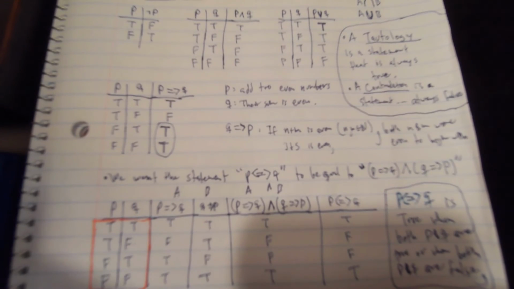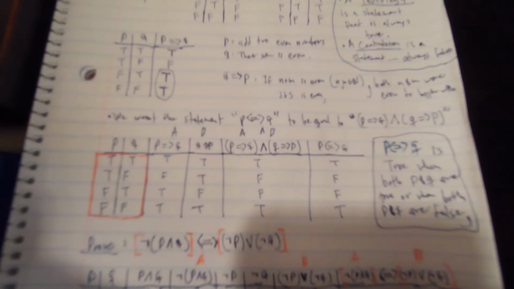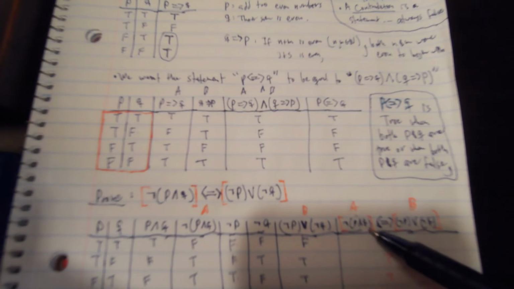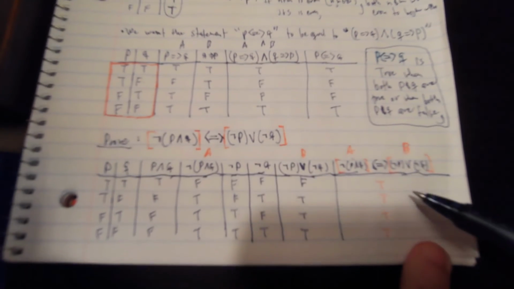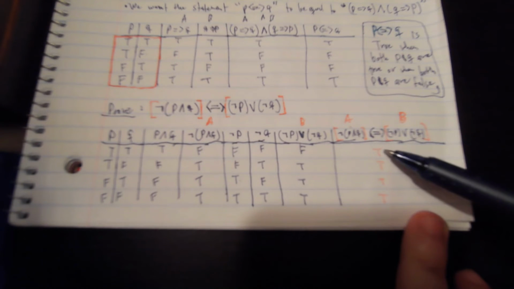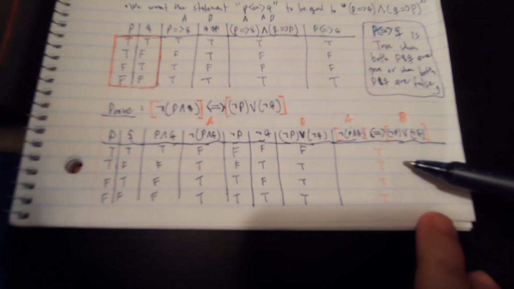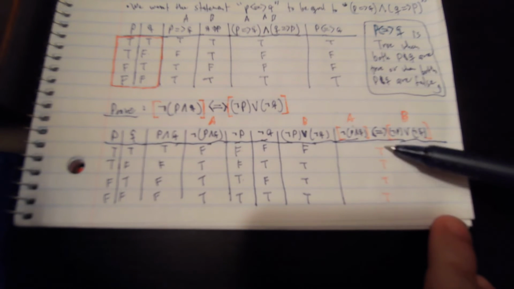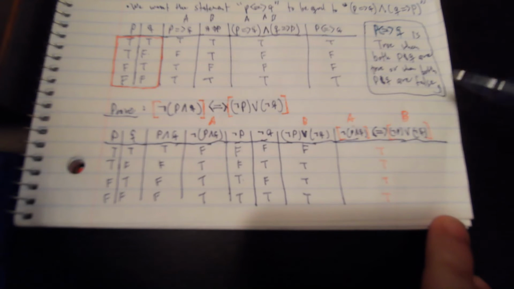So why am I introducing this vocabulary? Notice that the statement, this if and only if that, the truth table came out to be true every single time. When you get a statement for which all you have is true the entire time, we call that a tautology.